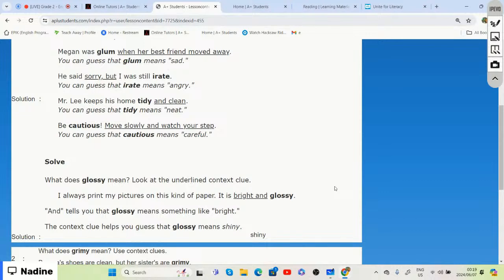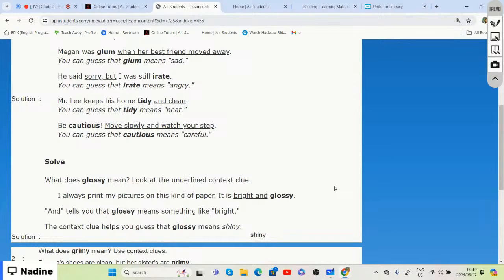So the word glossy. So what does glossy mean? And if we look at the word glossy, right, it says, I always print my pictures on this kind of paper. It is bright and glossy, right?